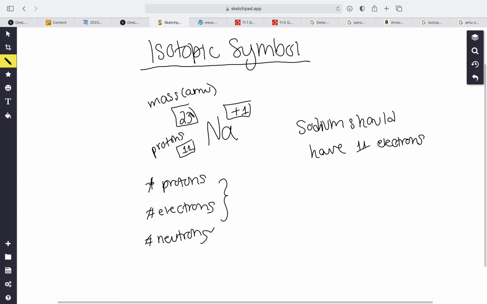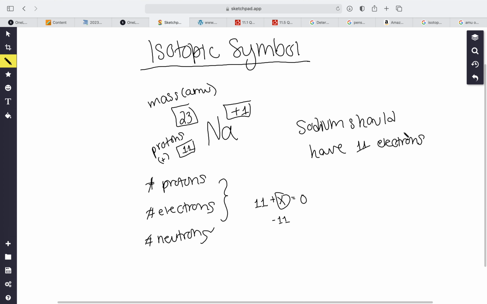Anyways, so the reason why it should have 11 electrons is because protons are positive and electrons are negative. In order to make it neutral, think of it like a magnet, or even just like a math problem. Say we have 11 protons minus x plus x equals 0. What number needs to be here? Minus 11.